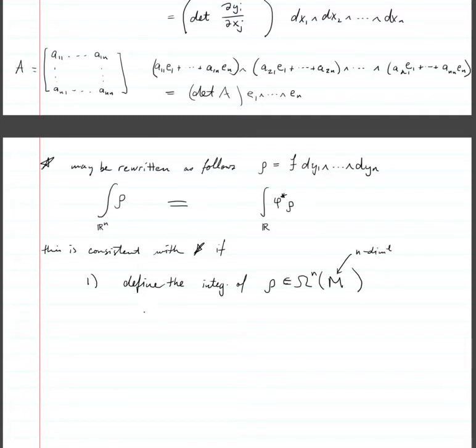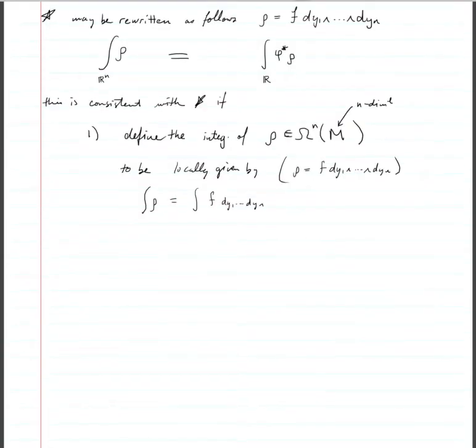We'll define the integral to be locally given by the following. If we take rho and write it in local coordinates as f dy1 dyn, if the coordinates are y1 up to yn, then we'll say that the integral of rho is the usual integral of f dy1 dyn. So this is now not a differential form, but just the Lebesgue integral, or the usual Riemann integral of a smooth function in n variables.